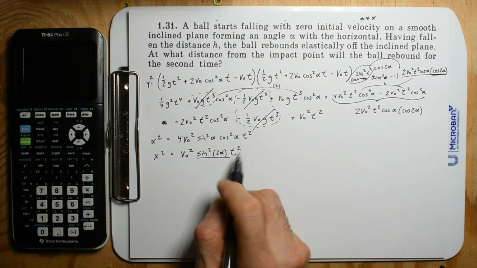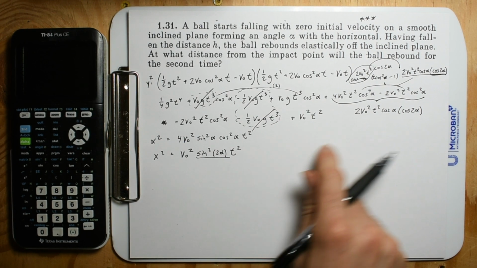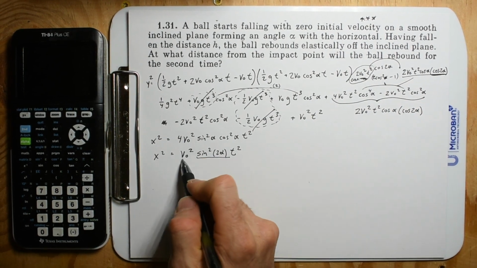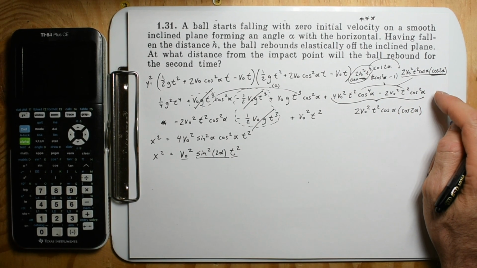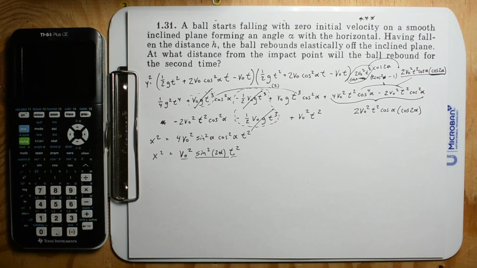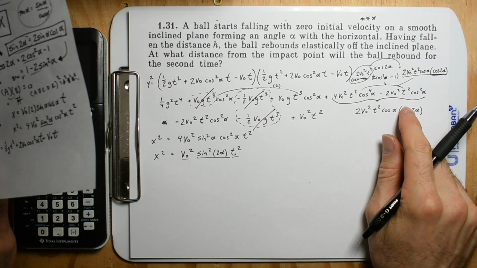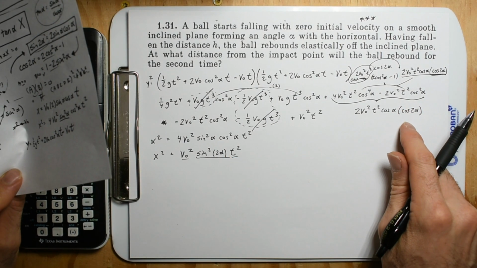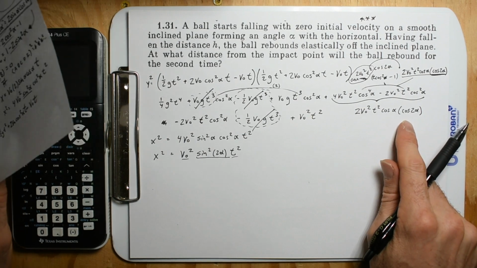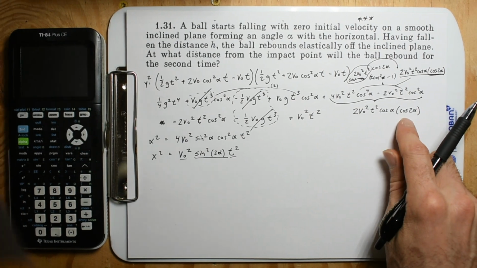If we get a sine squared to cancel with that. And we're pretty close. See, this is a v naught squared t squared. So yeah, I'm going to focus in on this equation and see if we can convert this to a cosine squared alpha. I mean cosine squared 2 alpha.